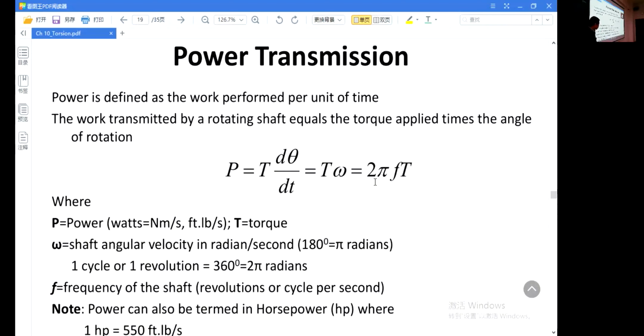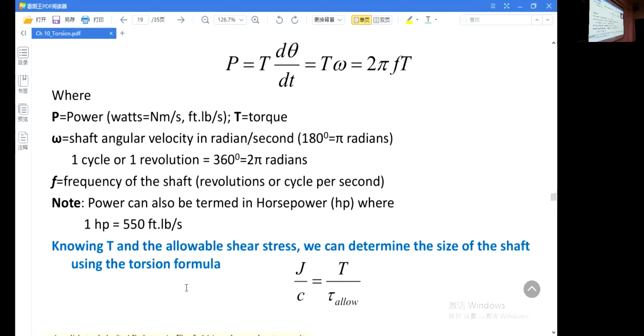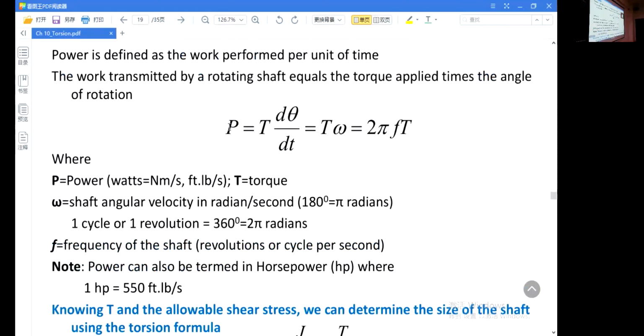Power can also be termed in horsepower, where 1 horsepower is 550 foot-pounds per second. And according to the formula, we can find T, the torque exerted by a motor.